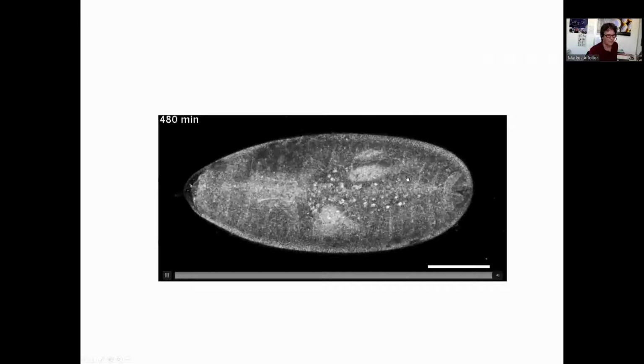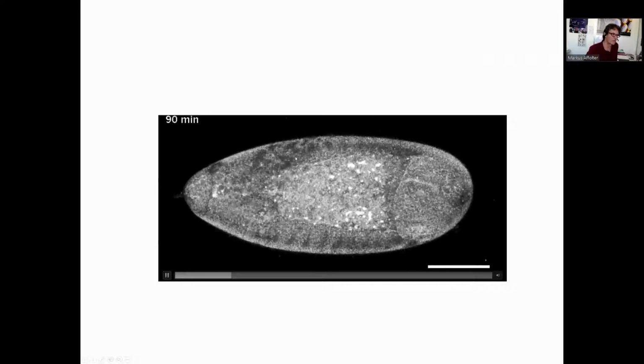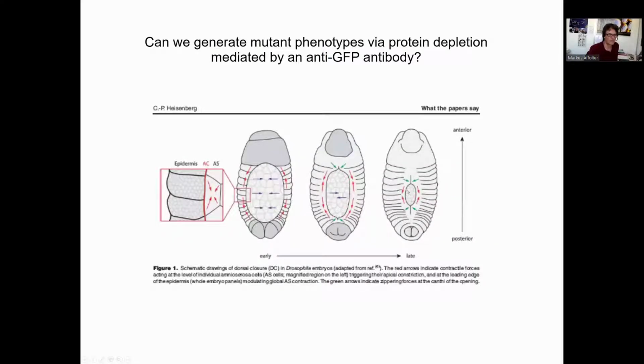And in the published literature, there were 3 forces that are involved in this. It was the amnioserosa cells here, these cells in the middle. These are very big cells that disappear. They are apoptosed later on. They develop forces that pull. There is an actin-based actin string here in these epithelial cells that is supposed to be required as well.